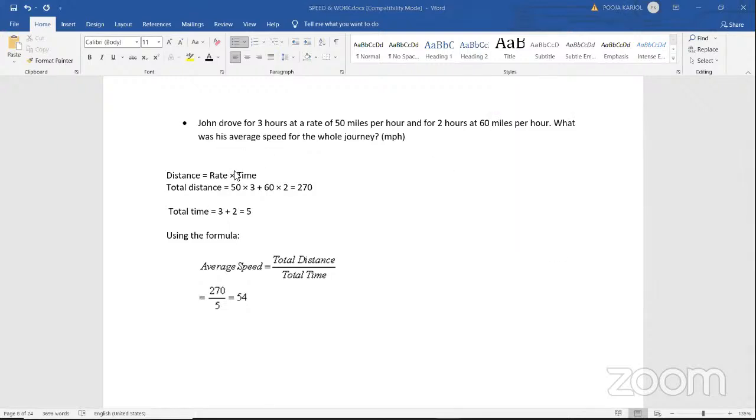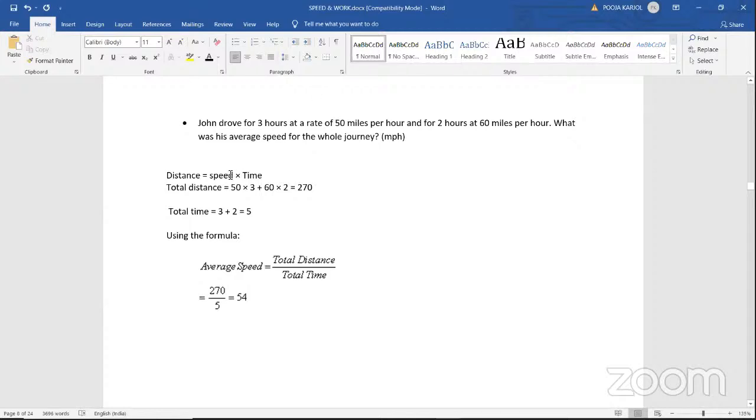See, distance is equal to rate or speed into time. Total distance, because they've given two individual speeds and times. So for 50 miles per hour it is 3 hours, and for 60 miles per hour it's 2 hours.